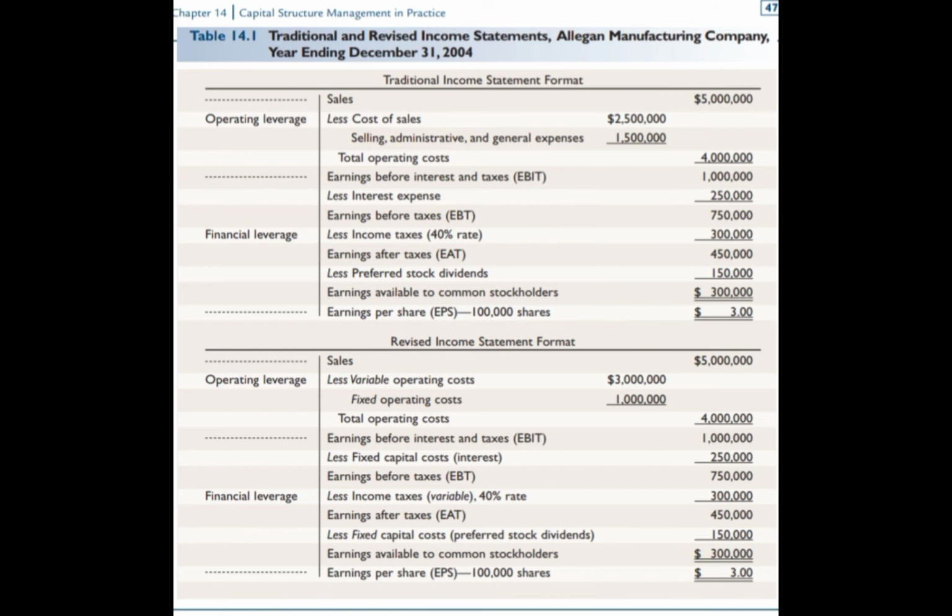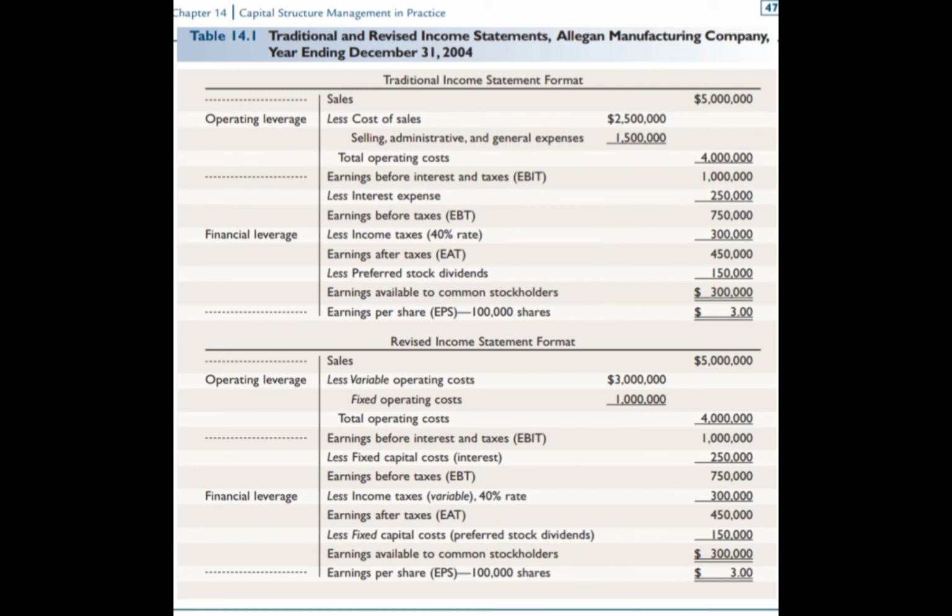Anya, ilas na pod nimo ang mga preferred stock dividends nga 150,000 na kay remaining nga $300,000 nga earnings available to common stockholders. So, earnings per share or EPS nga 100,000 shares. So, i-divide nimo ning $300,000 sa 100,000 shares, makakuha ka og $3.